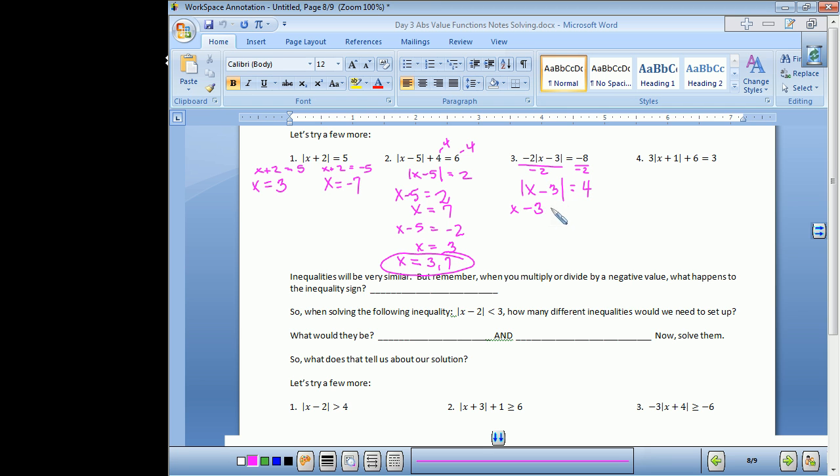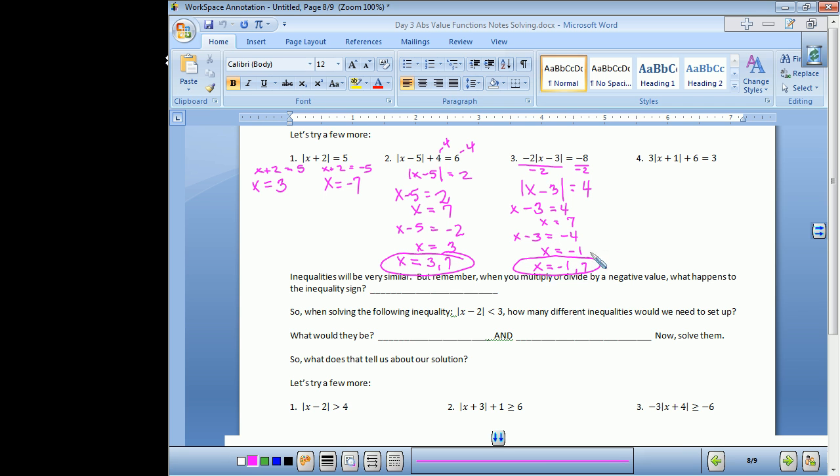So all of this can either equal 4, or everything that's inside here could equal -4, and it would be true. So this is x equals 7, and this is x equals -1. Now, I know 7 has been an answer for many of these. 7 is not always an answer. Just by the way, 7 is not always an answer.